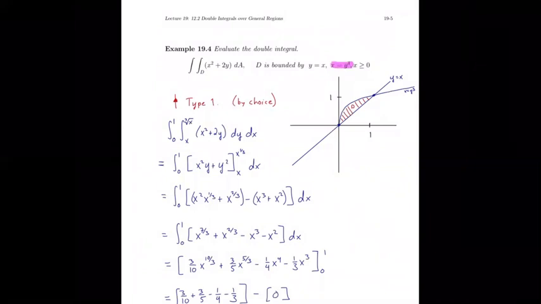x equals y cubed. That's the same as y equals cube root of x. That's this cubic function that passes through the point 1, 1 and the origin 0, 0. If we didn't know that, we could set y equal to x, and that would be y cubed equals y. That's y cubed minus y equals 0. We solve that equation for y, and we get y equals 0 or 1.